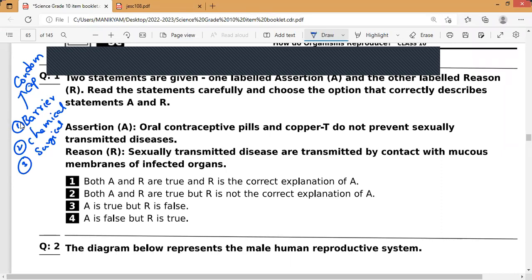No other method of contraception provides protection against sexually transmitted diseases.